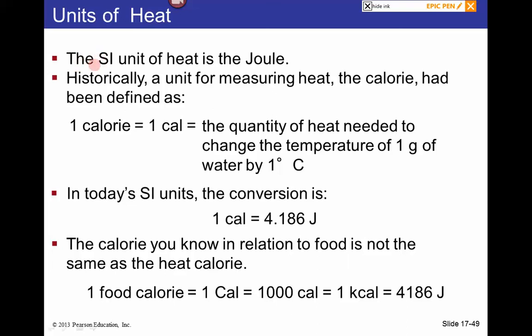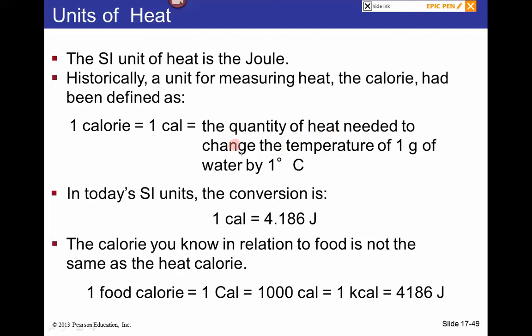So some comments about the units. Heat is just energy being transferred, therefore the units of heat are the same as the units of energy, which is joules. Historically, a unit for measuring heat, the calorie, had been defined as the quantity of heat needed to change the temperature of 1 gram of water by 1 degree centigrade.